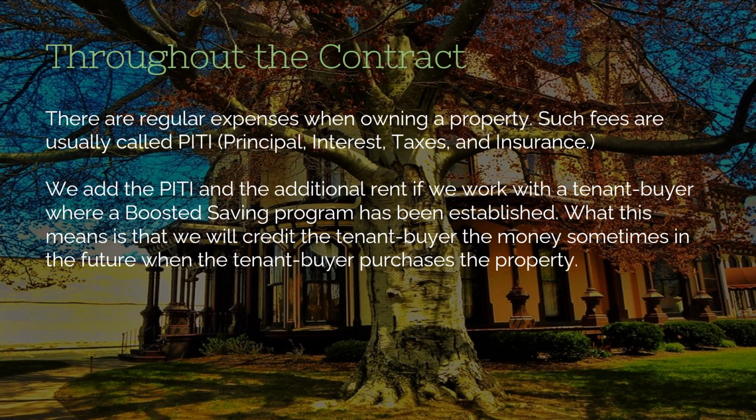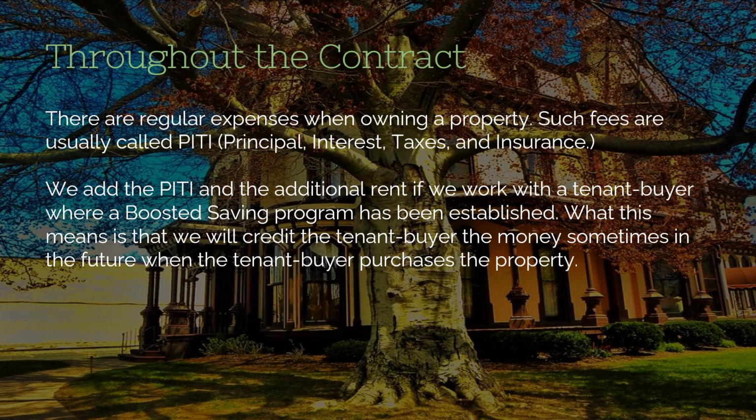The reason it's forced saving is they're forcing the tenant to pay extra each month. Whereas in the ALP system, we encourage the tenant buyer to save extra, because the more they put down as additional rent, the more credit they're going to get. So we give a good return on their money.